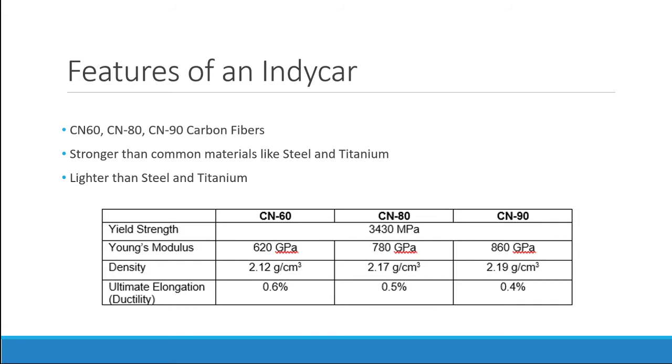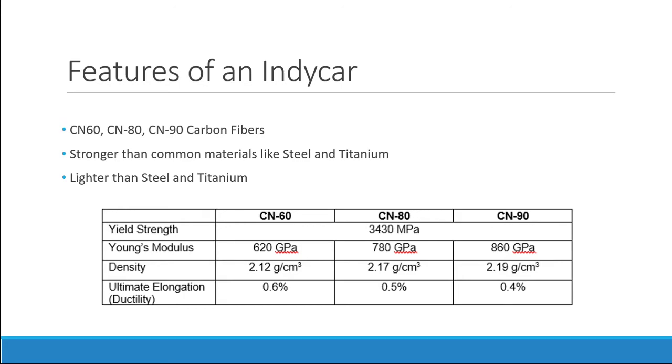CN60 has a density of 2.12 grams per centimeter cubed, CN80 has 2.17 grams per centimeter cubed, and CN90 has a density of 2.9 grams per centimeter cubed. Comparing that to steel and titanium again, steel has a density of around 8 grams per centimeter cubed, and titanium has a density of around 4.5 grams per centimeter cubed. So you can see the benefit that carbon fiber has over common materials by not only being stronger but more lightweight.